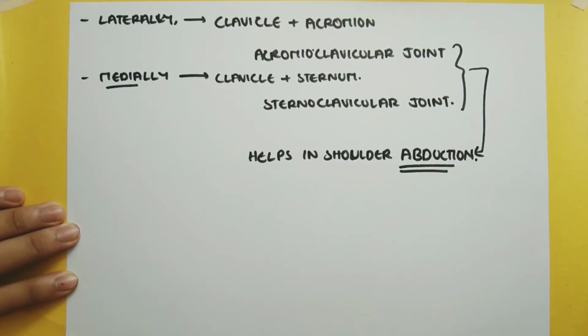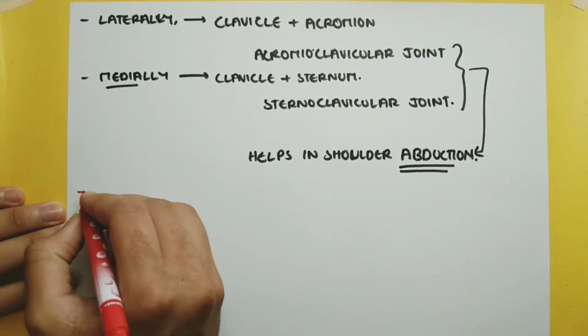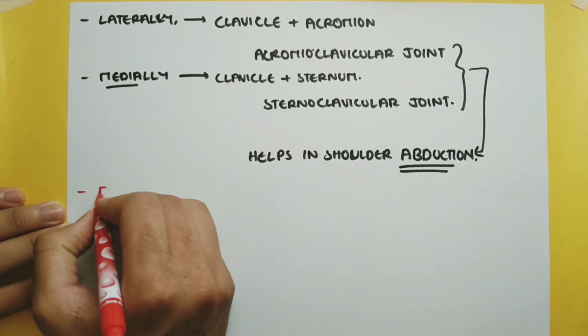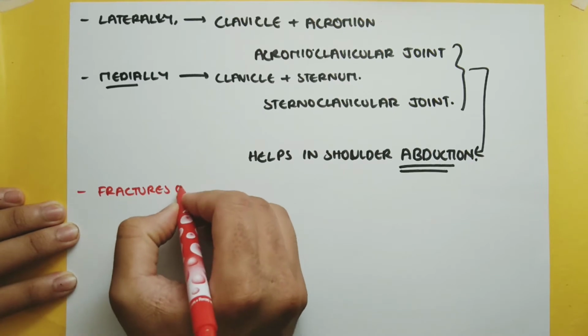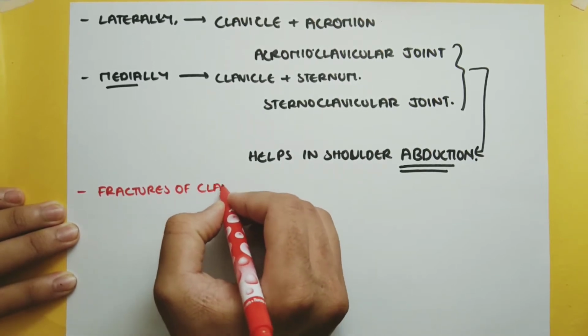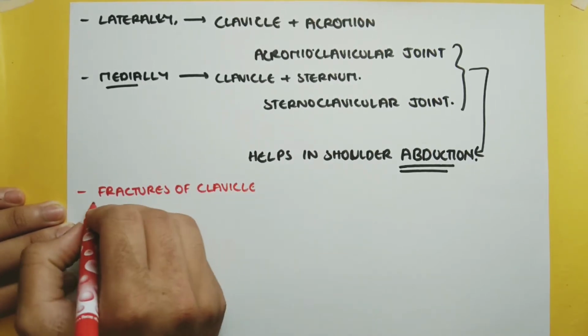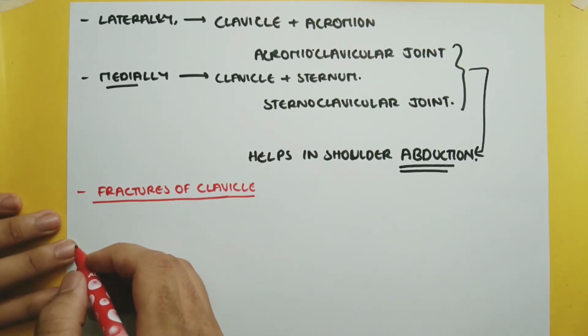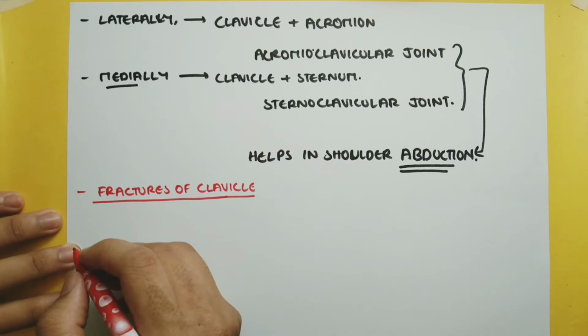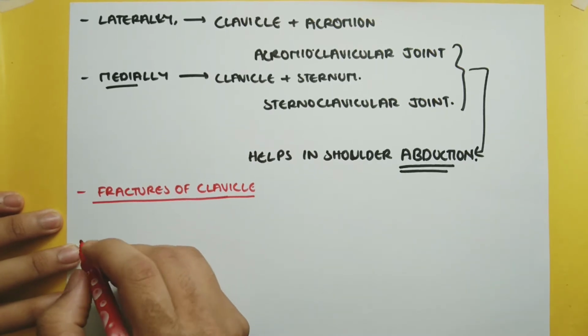Now let us discuss the fractures of the clavicle. Generally, the fractures occur at the lateral 1/3 and middle 1/3.